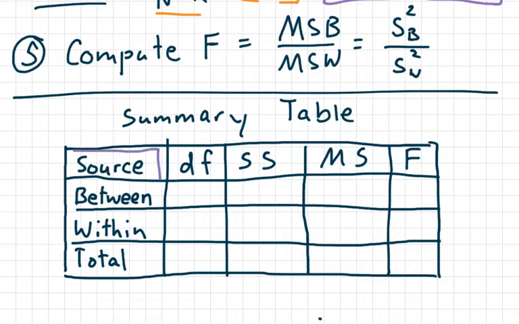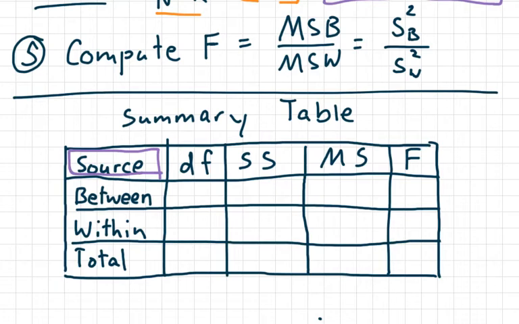So they're usually organized like this. They have the source on the first column. So we have the first row of this is the between group information. Then the next row is within group. And then at the bottom here, we have total. Now, not all of these squares in this table are going to be filled in.